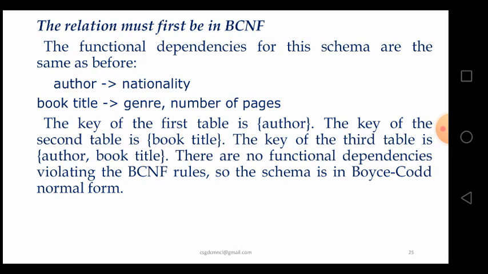Employee ID, employee department is the candidate key in the third table. Now this is in Boyce-Codd normal form because the left side of both functional dependencies is a key. This is Boyce-Codd normal form.